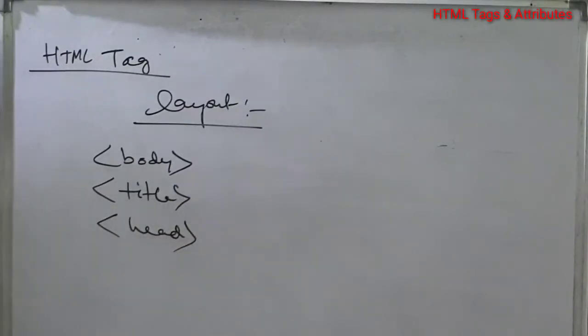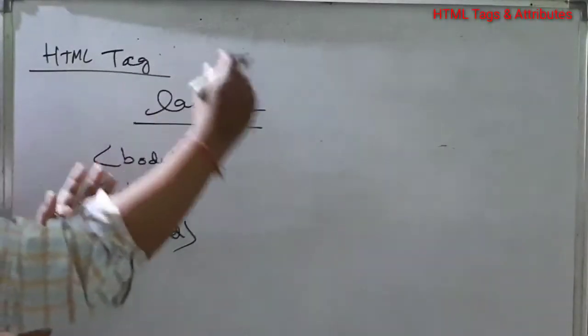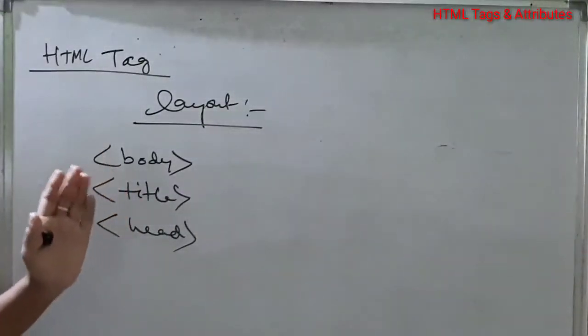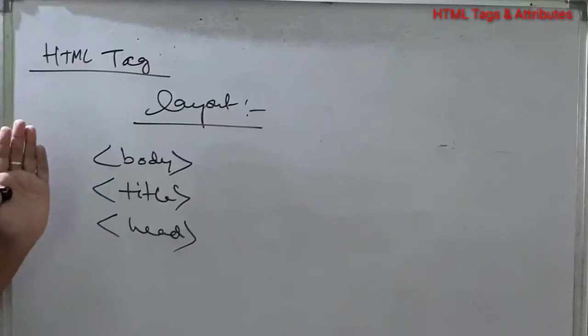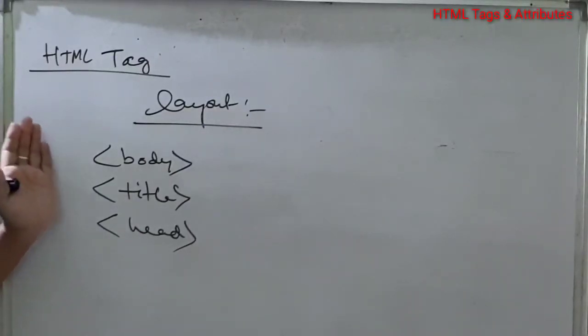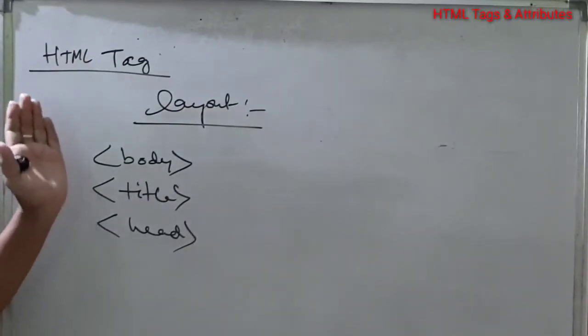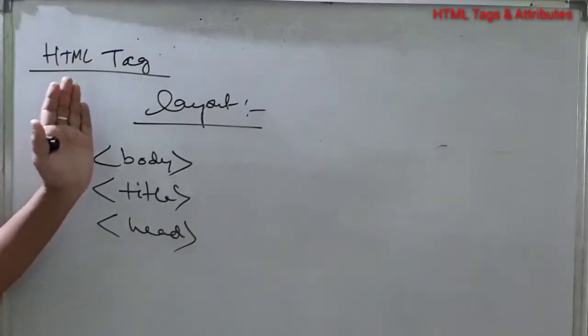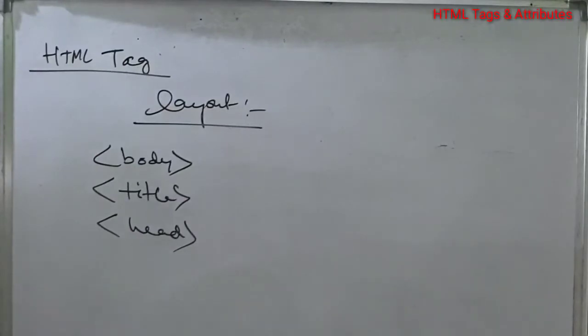These are used for creating the layout of the web page. So that's why a tag in HTML is a command that indicates the layout or display of the whole or part of a web page. This is called a tag.